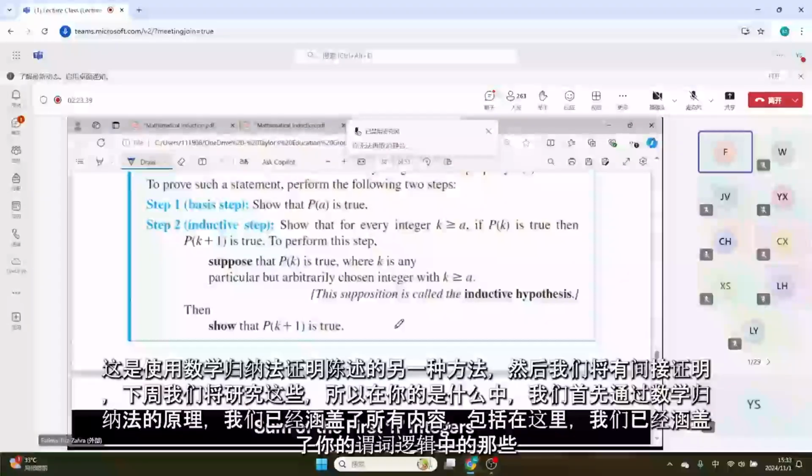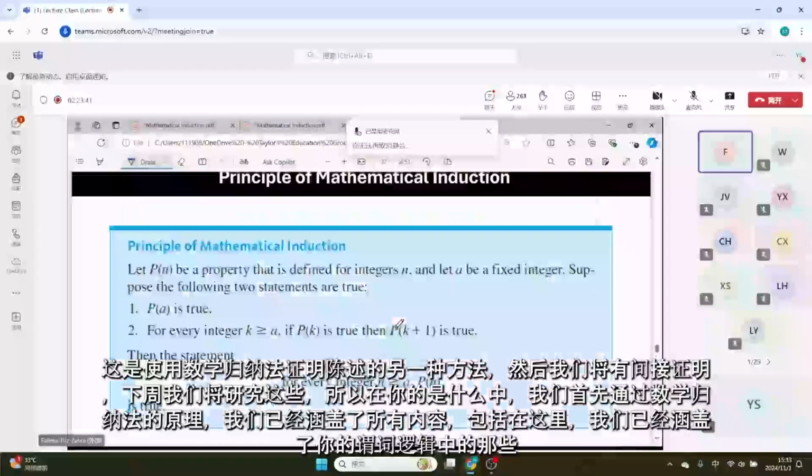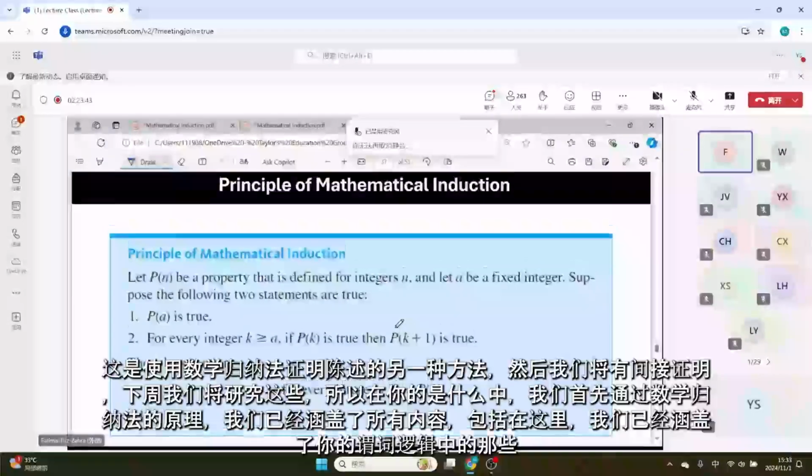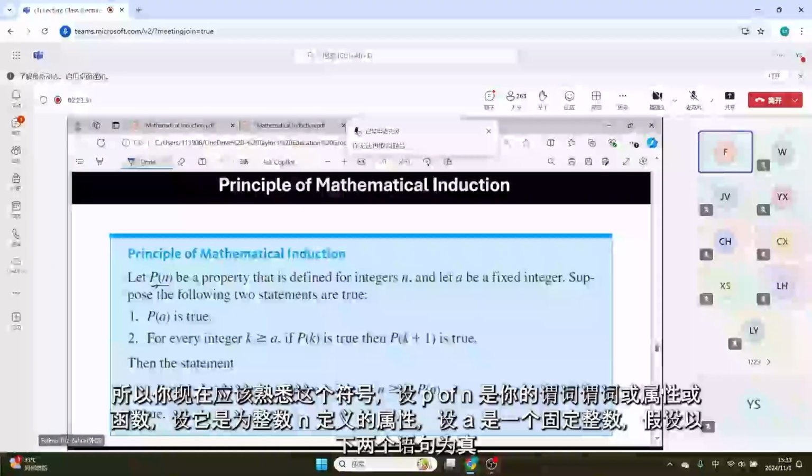Let me go through the principle of mathematical induction first. All the things that are included here, we have already covered in your predicate logic, so you should be familiar by now with this notation.